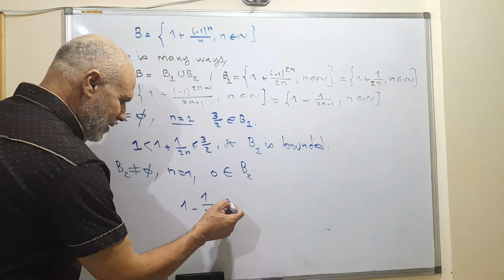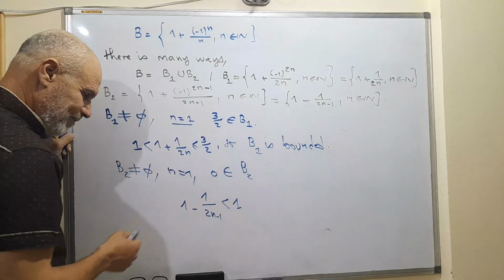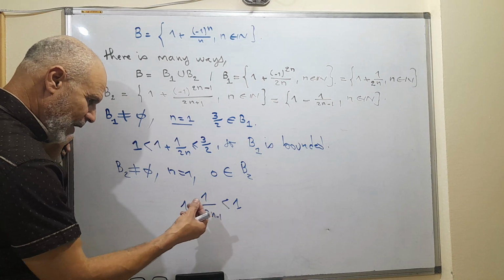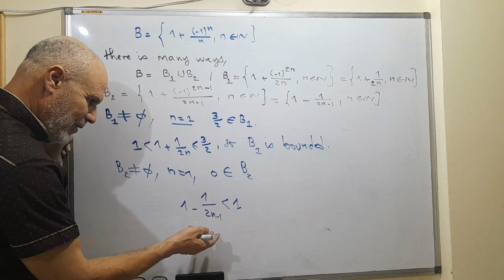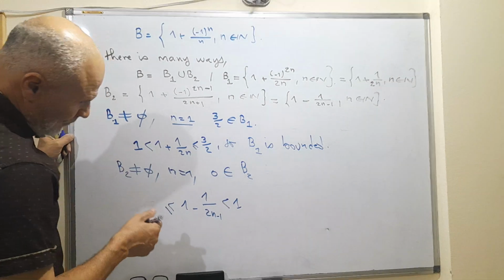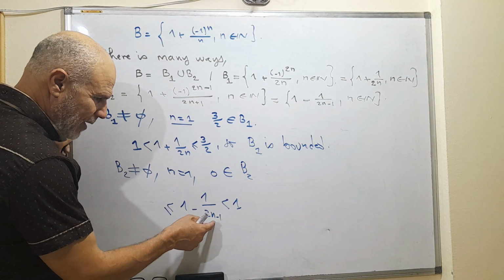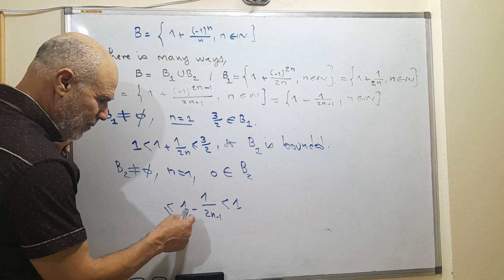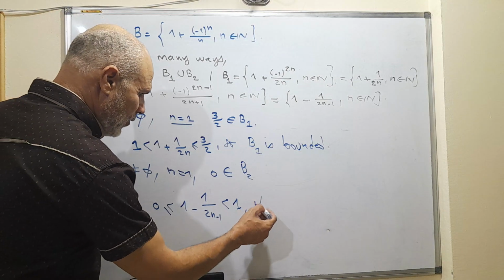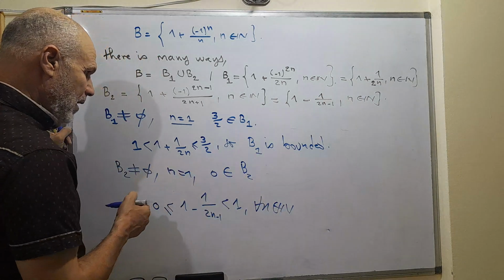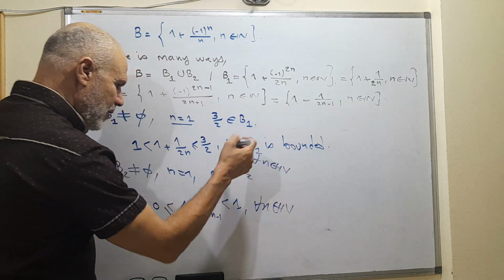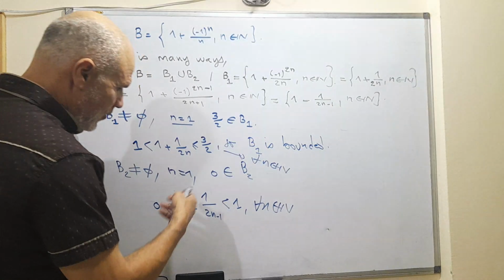We are sure that this is less than 1, because from 1 we take out a positive number, and this is greater than or equal to 0 for n equal to 1, so this is greater than or equal to 0 for all n in N. So B2 is bounded.